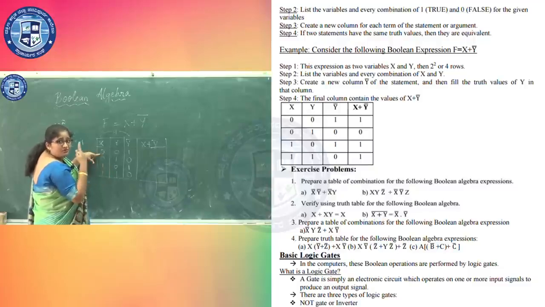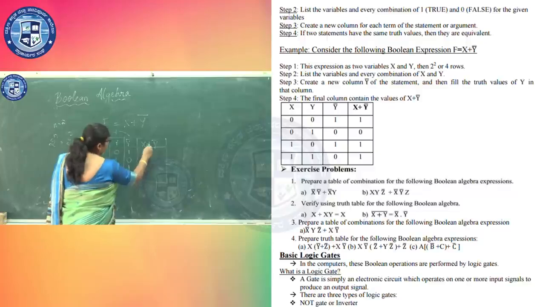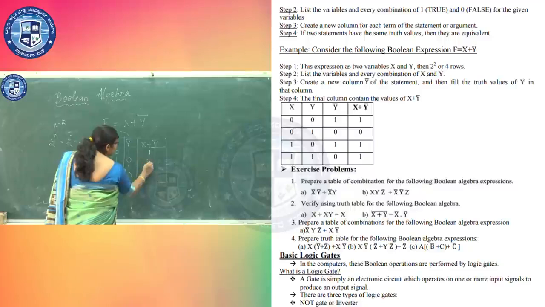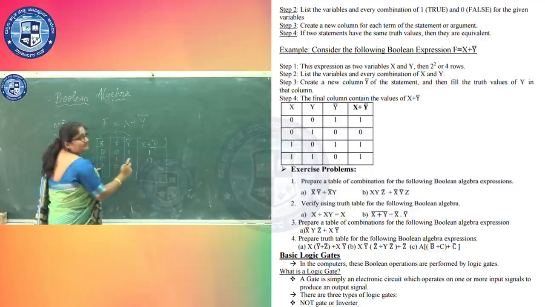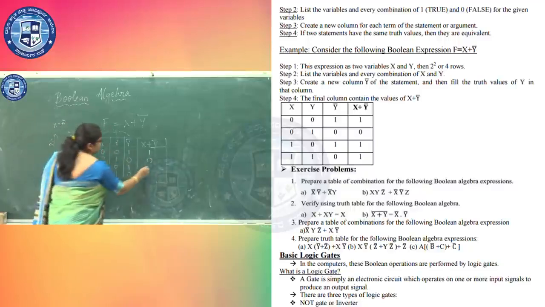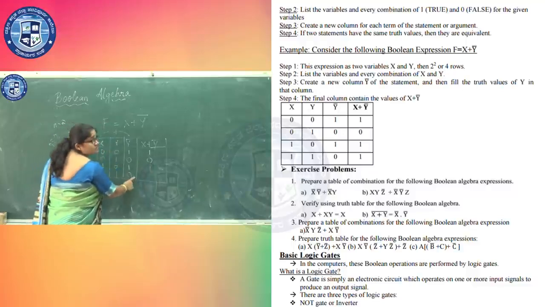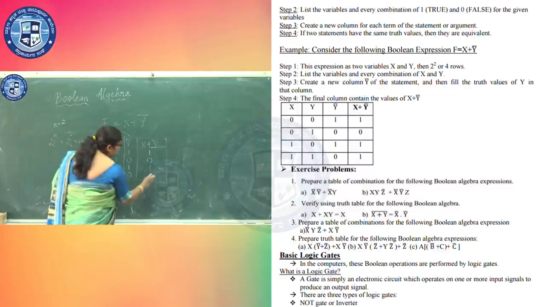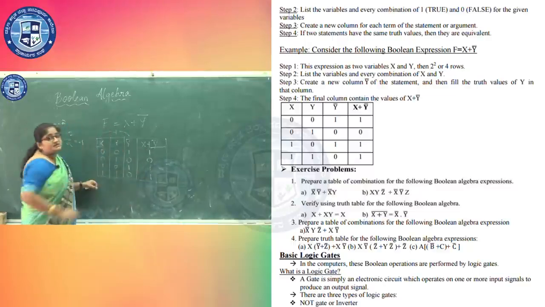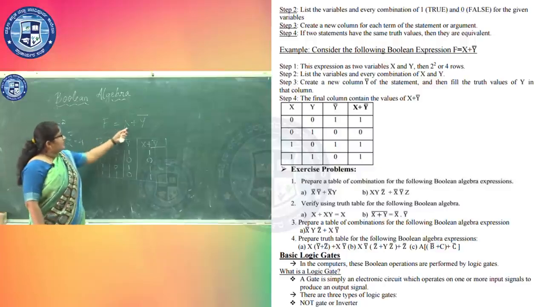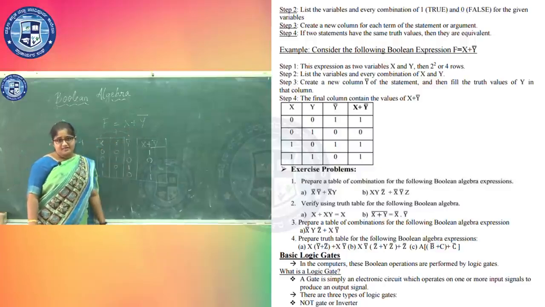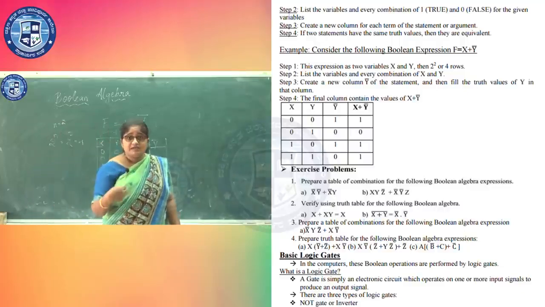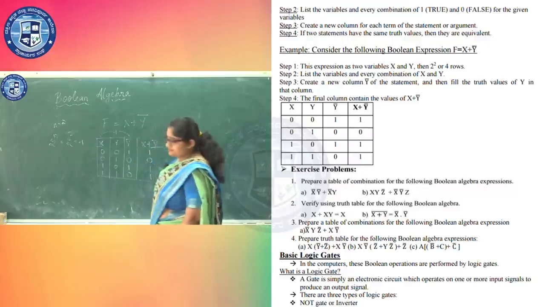I have got 1 at least true, so that is 1. 0 or 0, no values anywhere, so that is 0. 1 or 1, I have both, so that is 1. 1 or 0, it is or, I have at least 1, so that is 1. So this is the resultant of the expression x or y dash. This is how you form a truth table, or this is how we evaluate a Boolean expression.